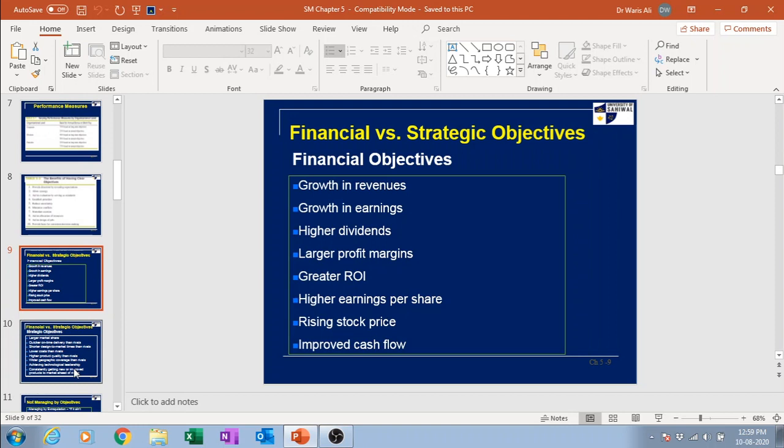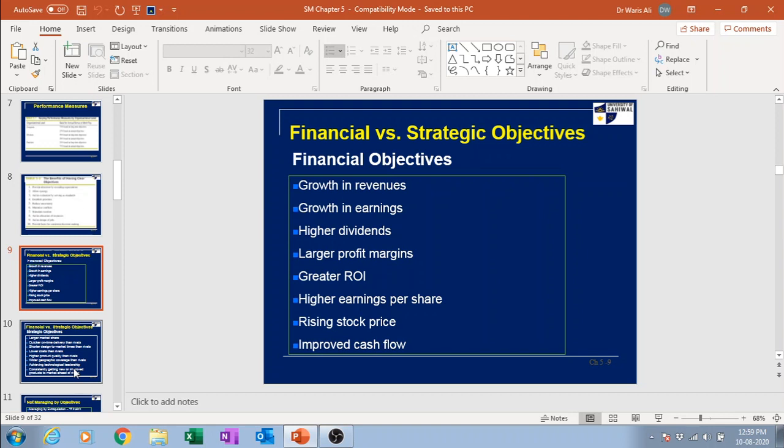Objectives could be financial and strategic in nature. Financial objectives means that you set up your objectives in monetary terms, like growth and revenue. We want to increase sales by 20%. We want to improve our earnings by 10%.